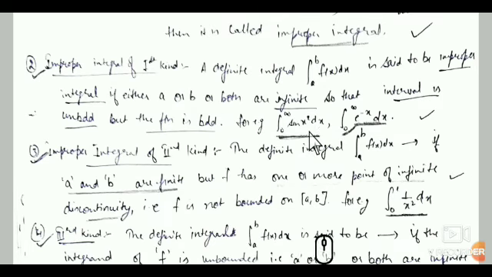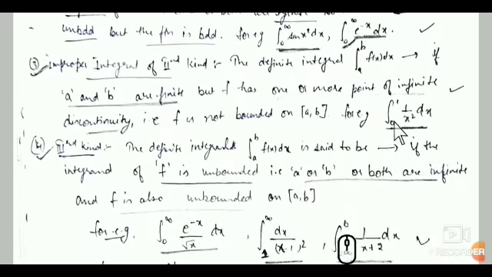For example, here are two examples of the first kind: the integration from 0 to infinity of sin x square dx, where the interval is unbounded and the function is bounded, and the second example is 0 to infinity e to the power minus x dx. That's it.